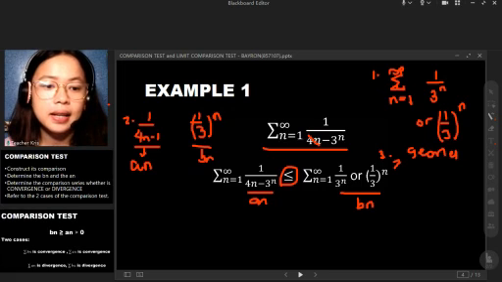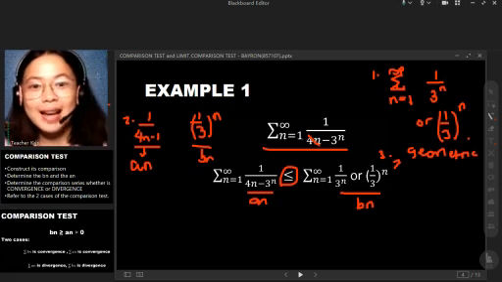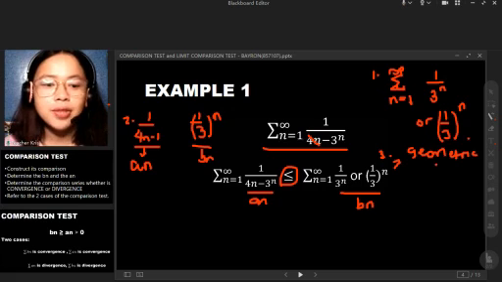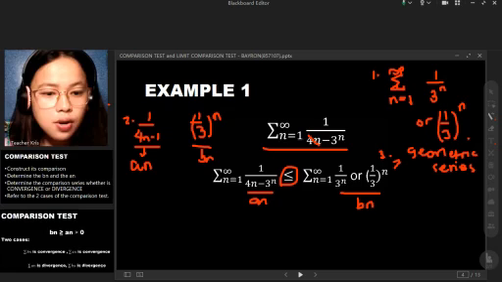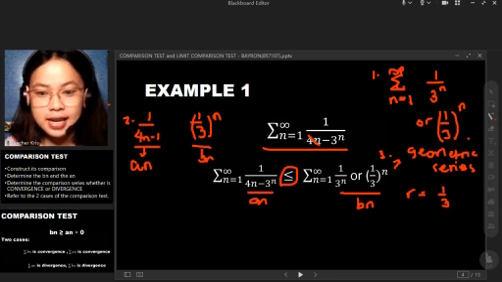Please bear with my handwriting because I'm using a mouse. Geometric series. So the common ratio is 1 over 3.